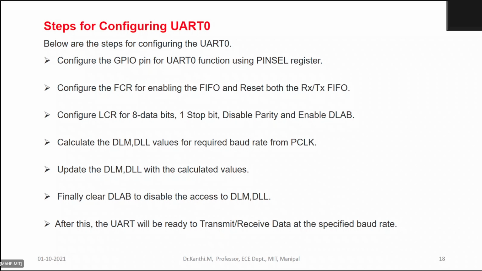Every peripheral is a memory mapped peripheral. LPC 1768 is a microprocessor or microcontroller embedded with so many other peripherals. I have not shown you the architecture of LPC 1768. I think I showed it in the last class somewhere. It's memory mapped, right? So most of the peripherals are mapped to the general memory.